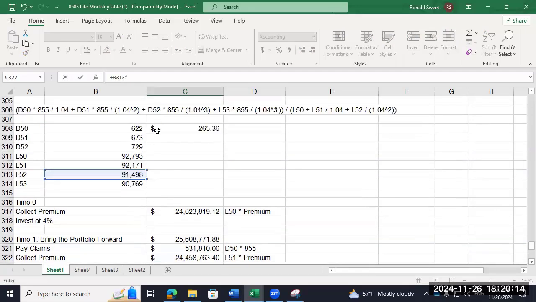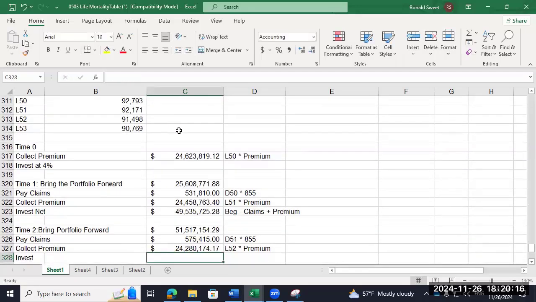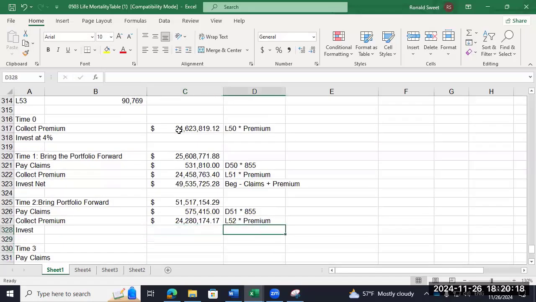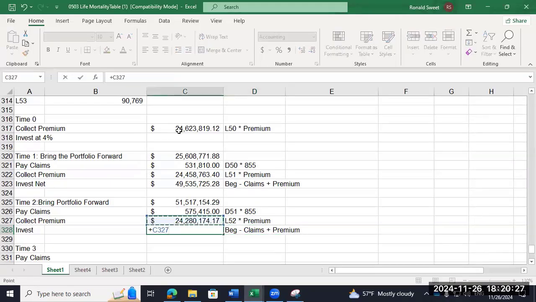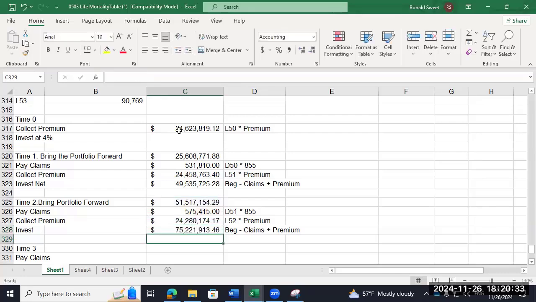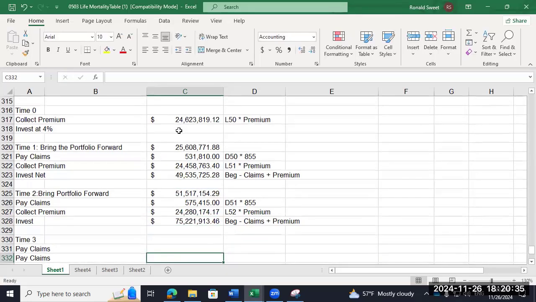L52 times my premium. And then you do the net, which is going to be beginning minus claims plus the premium. So the beginning was 51 million. We paid 57,000. We collected that. So we have a really large balance.